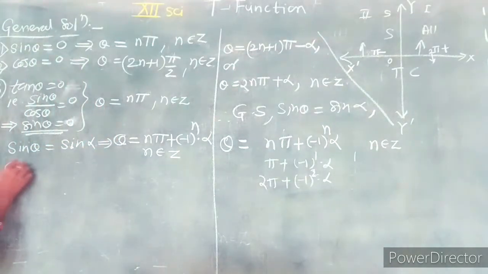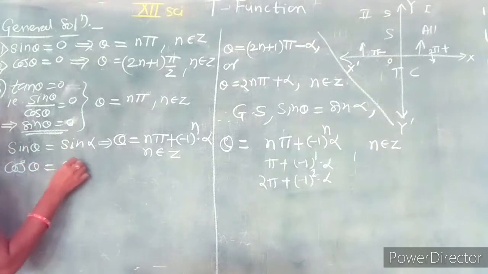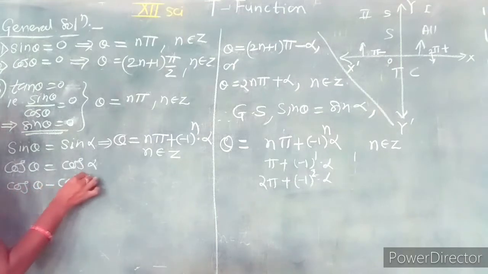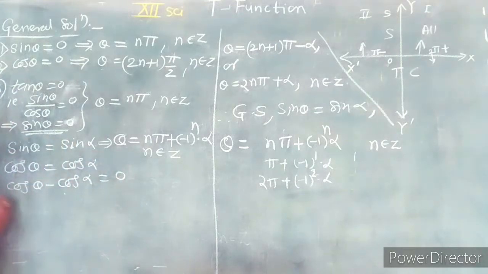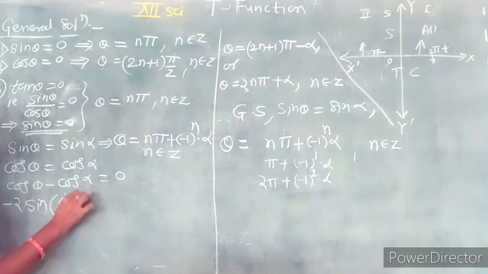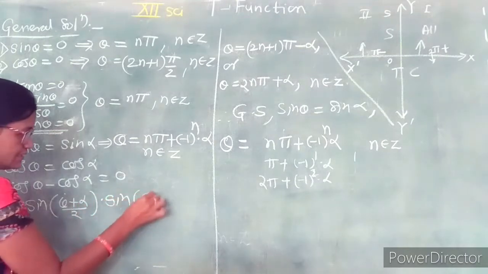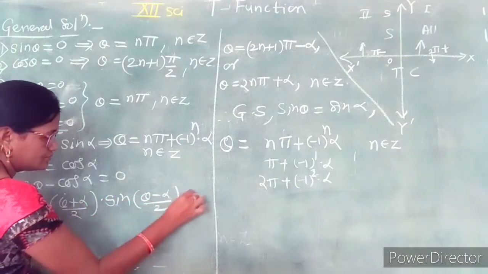Now we see the next equation, cos theta equal to cos alpha. Again by using the same identity, cos C minus cos D, the difference of cosines, equals minus 2 times the product of sines: sin of theta plus alpha upon 2 into sin of theta minus alpha upon 2.